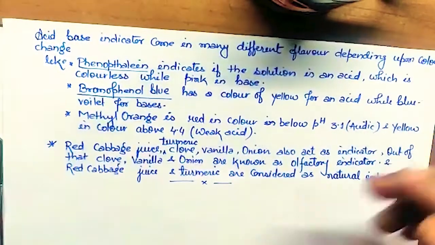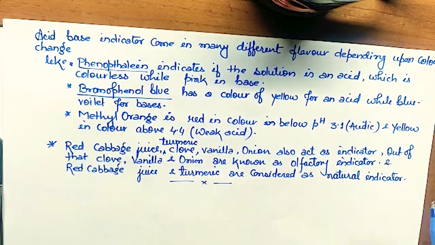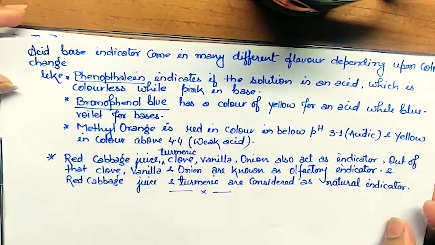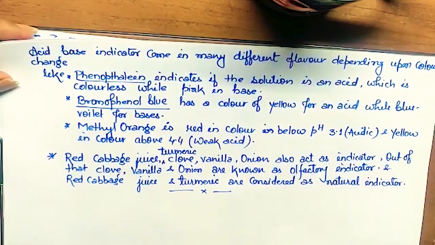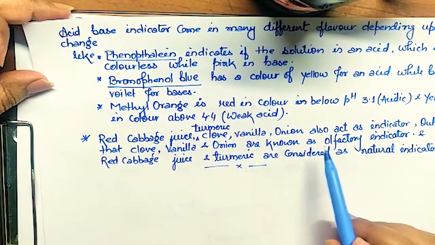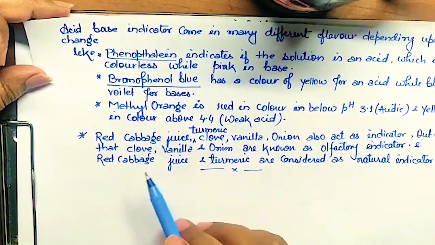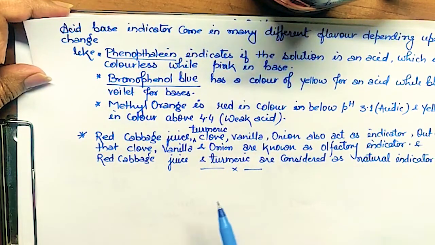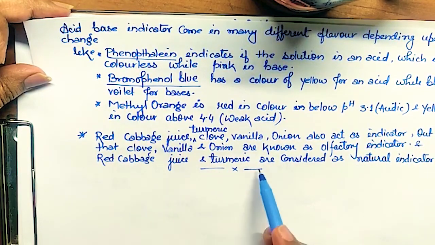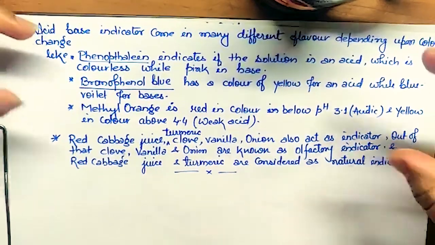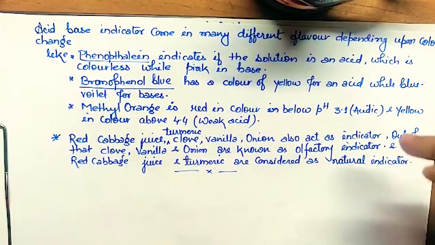Methyl orange is red below pH 3.1, which is acidic, and yellow above 4.4, which is weak acid or base. Red cabbage juice, turmeric, clove, vanilla and onion also act as indicators. Out of these, clove, vanilla and onion are known as olfactory indicators, and red cabbage juice and turmeric are considered natural indicators. So this is all about the indicators that you are supposed to write in your notebook.